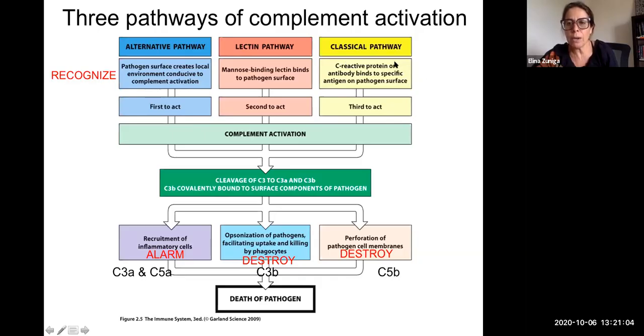But most often it is activated by antibody complexes. These antibody complexes will bind some of these complement proteins and will initiate the cascade of complement activation.